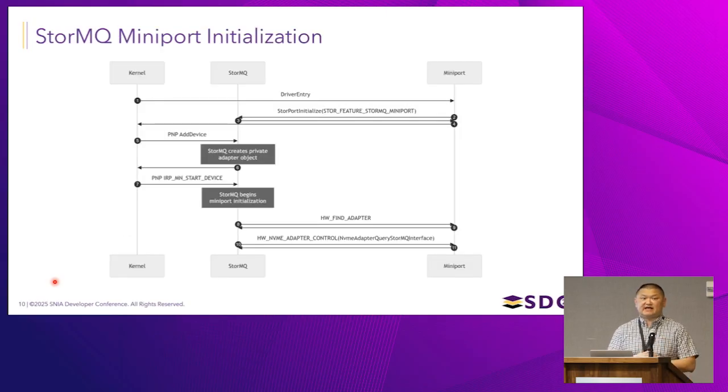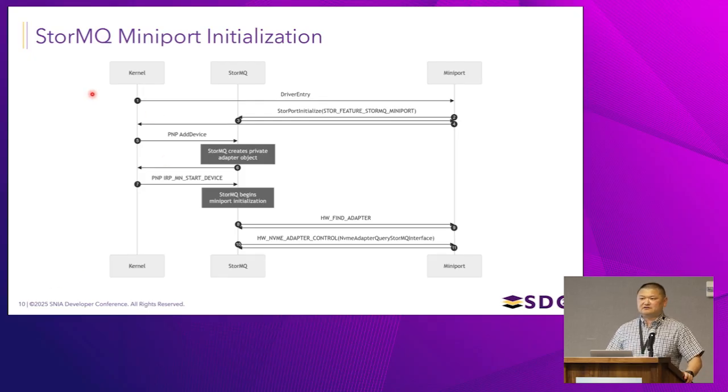In the next few slides, I'm going to go through the workflow of what a StoreMQ miniport will do. The first workflow that I will cover is the initialization workflow.